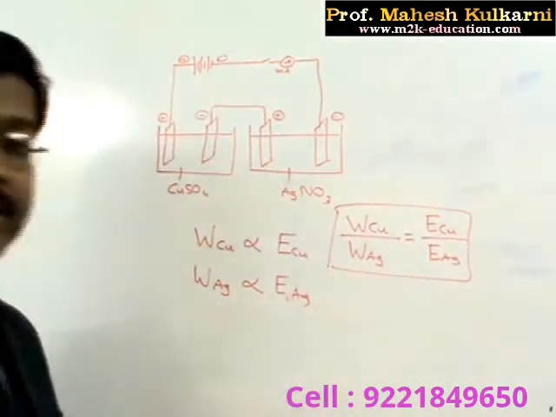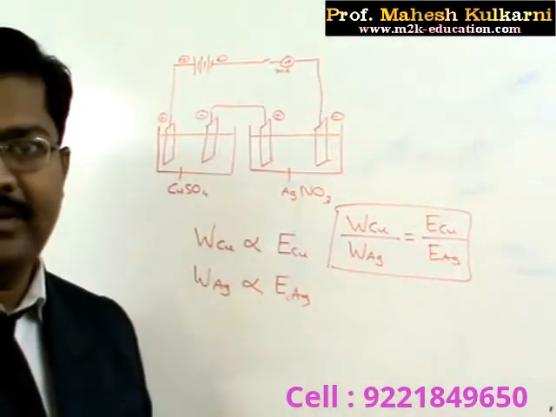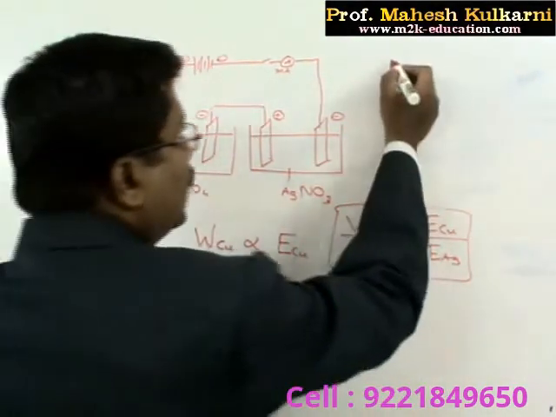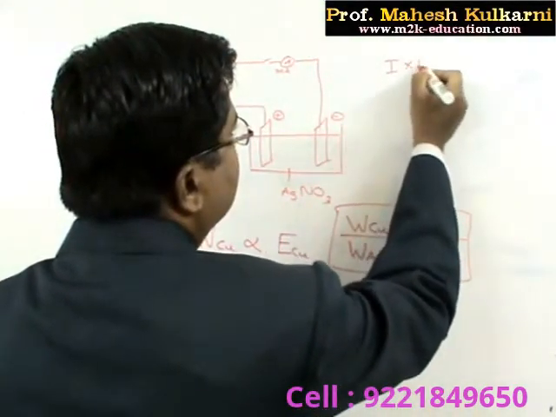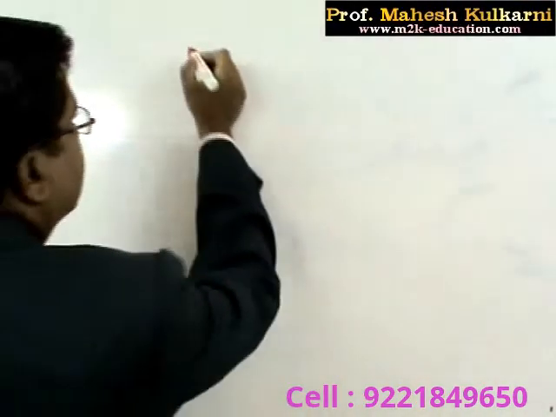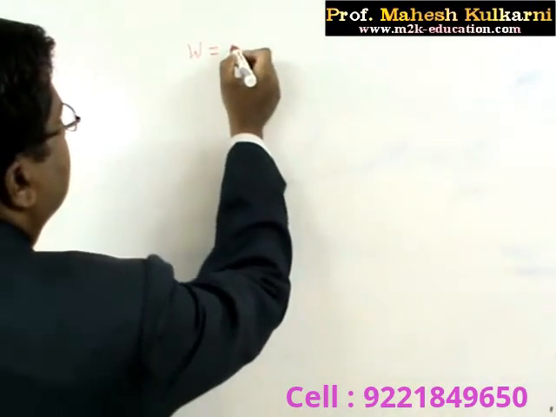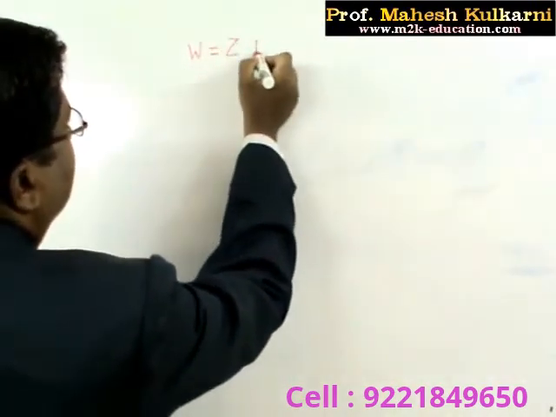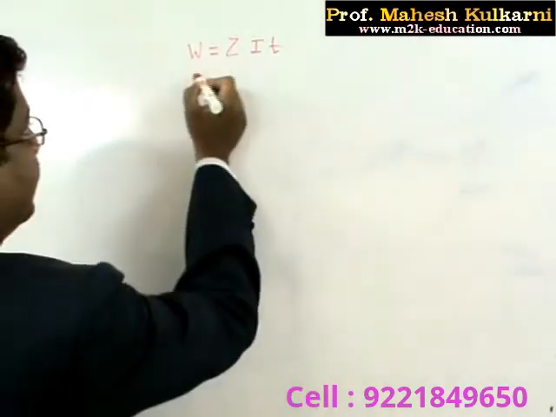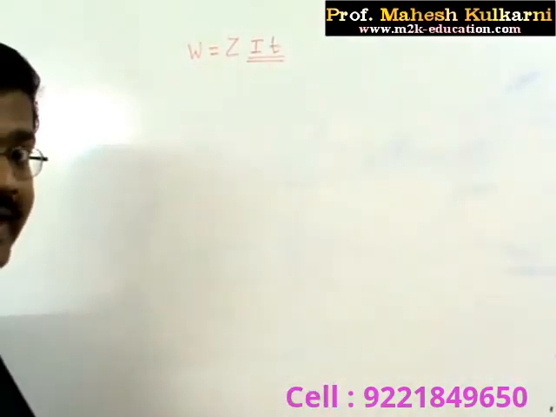But for this purpose, the same quantity of electricity must pass. That means I into T should be constant. In short, I can write W = ZIT. But for the second law, we consider I into T as constant.